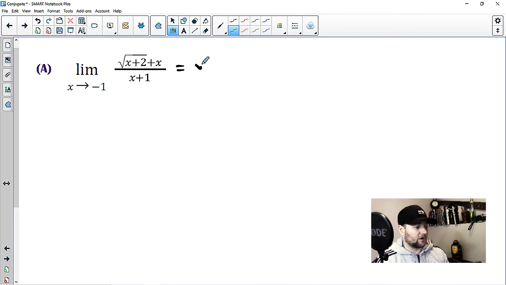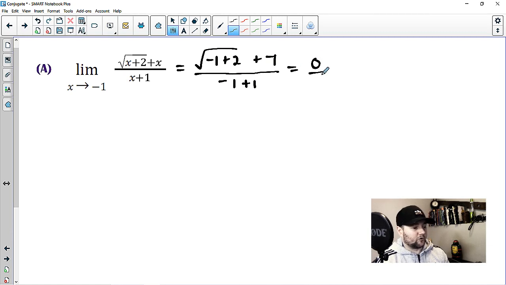All you need to do is sub in that negative 1 into the equation and do a quick bit of math. On the top we have root 1, which is 1, plus negative 1, so that's 0. And on the bottom, of course, we have 0. And this is our indeterminate form, right?